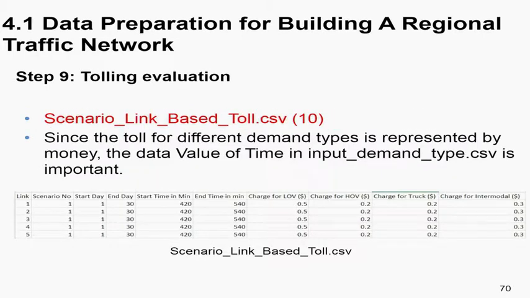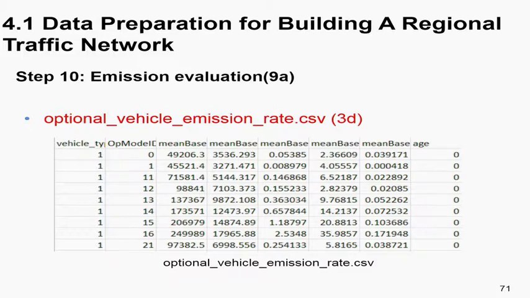The tolling application, as we described before, you can specify the starting time, ending time, and the toll charge. Okay, for the emission evaluation, you can prepare the vehicle emission rate as a part of the MOE slide, which is the collaboration result between my research team and the interstate research team led by Nagui Rouphail and Chris Frey.